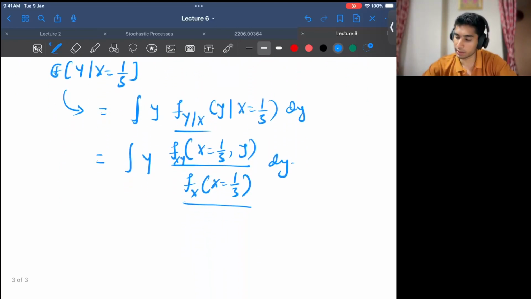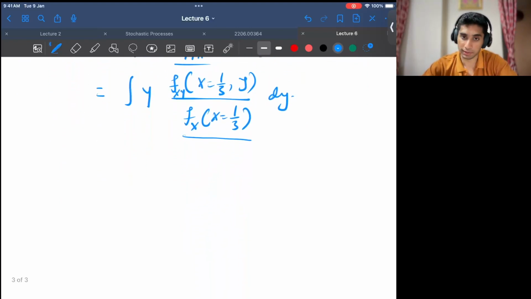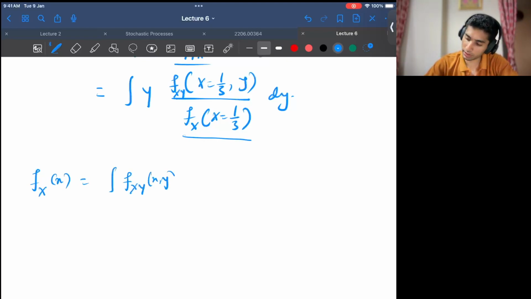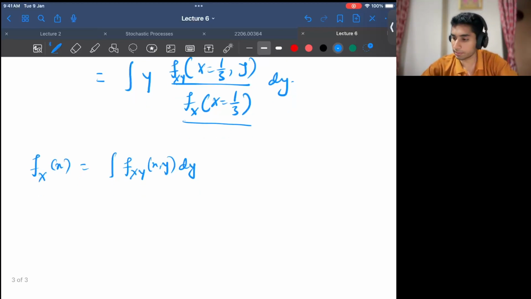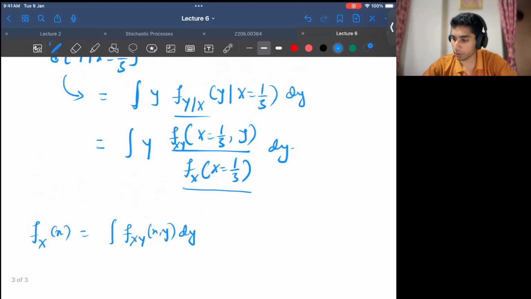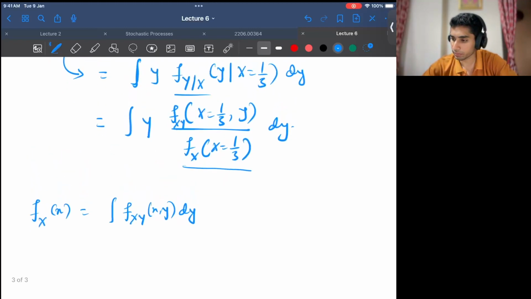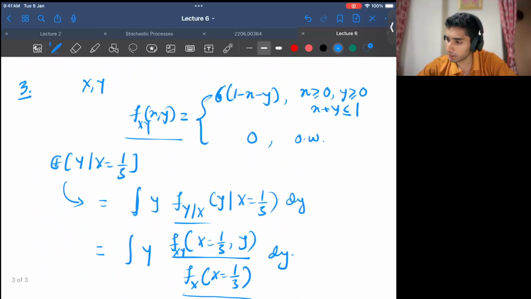So what is the marginal density of x? For that, fx of x is simply the integral of fxy of x comma y dy, and you integrate it appropriately. It is given to you that x and y are non-zero only in these conditions.